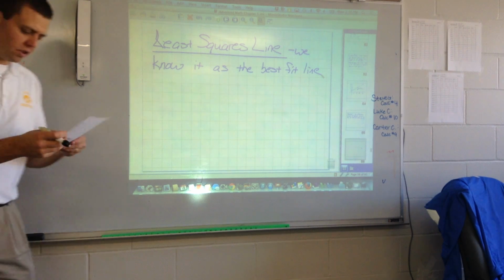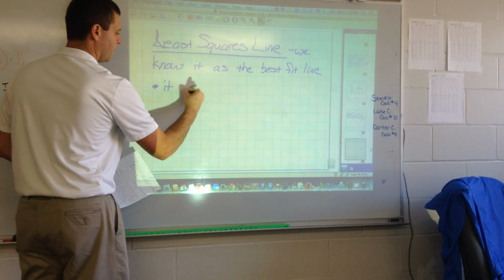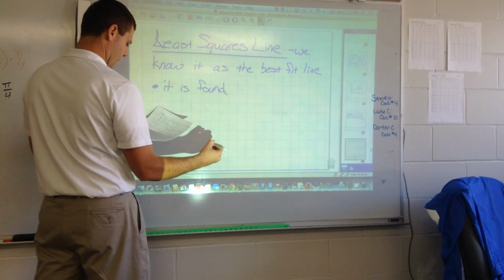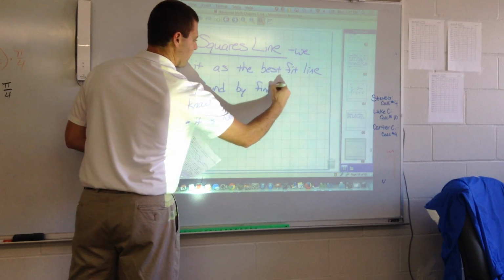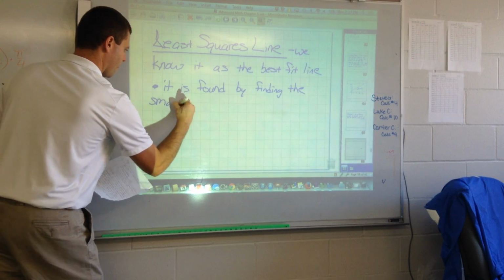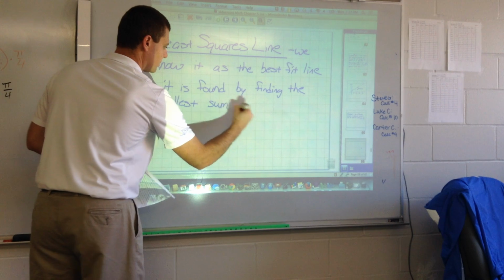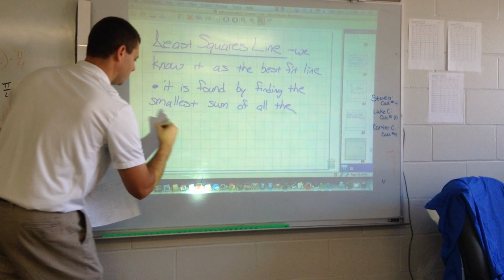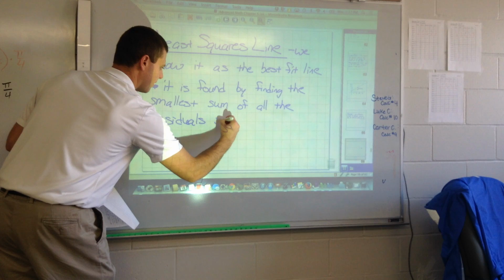The reason it's called the least squares line is that it is found by finding the smallest sum of all the residuals squared.